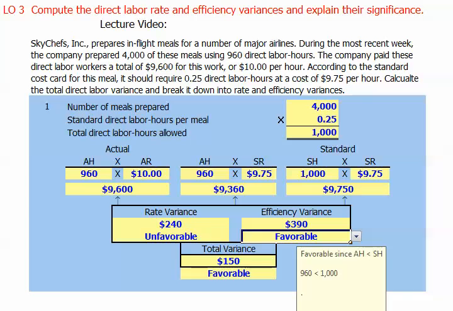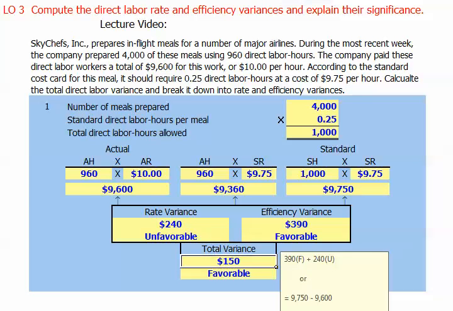So we have a favorable efficiency variance. And again, we can see if we combine our $240 unfavorable variance for our rate and our $390 favorable efficiency variance, we do indeed come up with our total variance of $150, which was favorable.